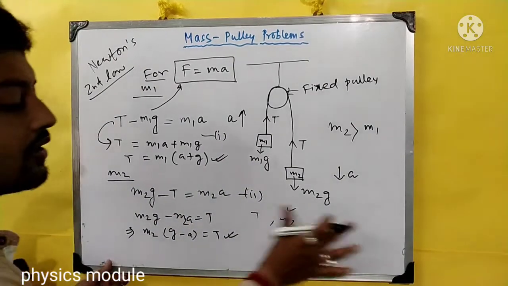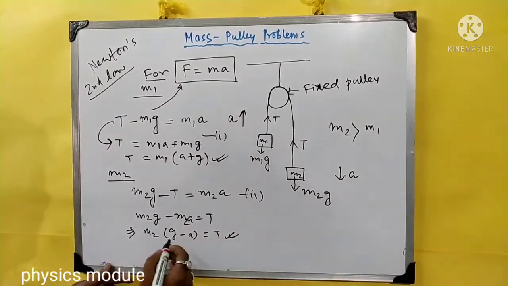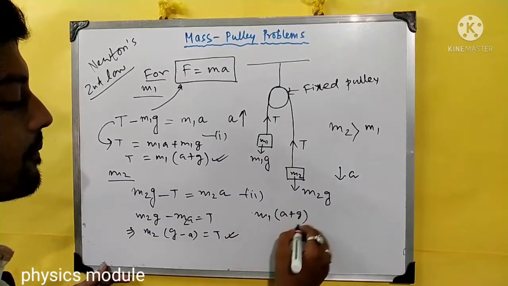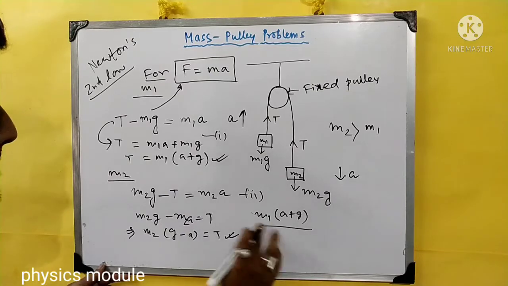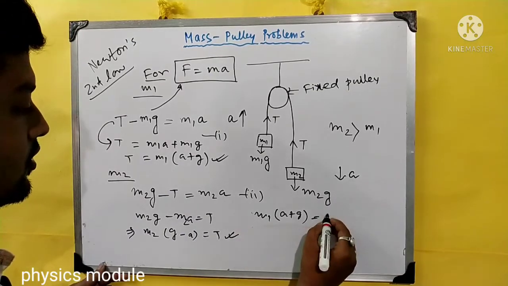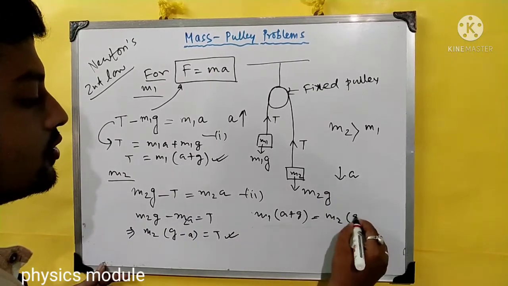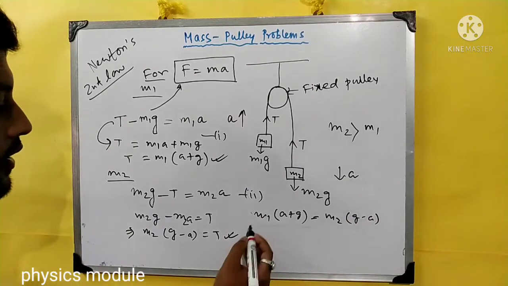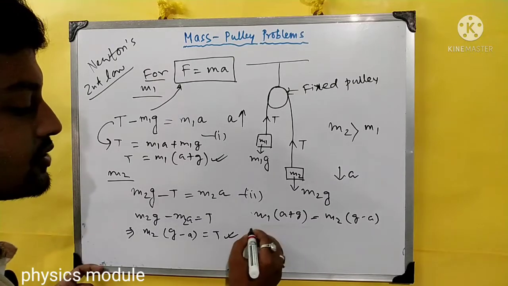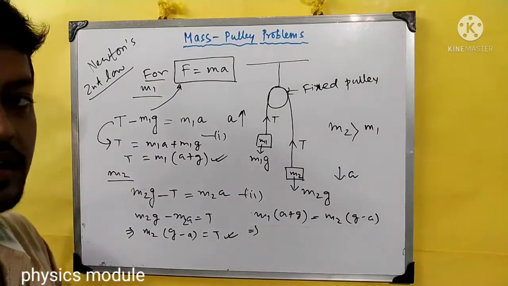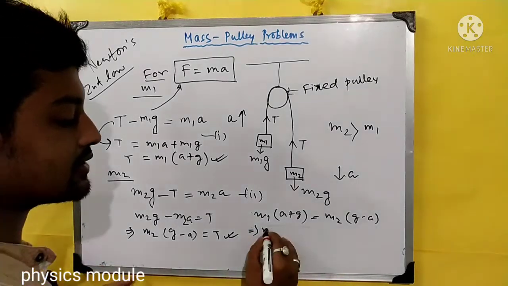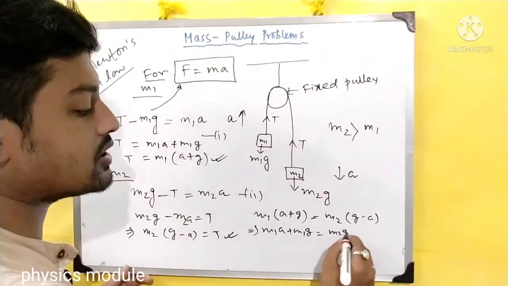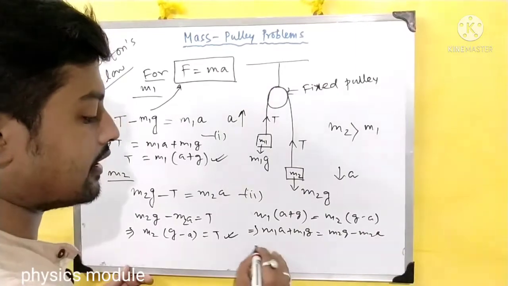So you can write m1 into (a plus g) equals m2 into (g minus a), and by equating these two you will get the expression for acceleration. What is it? m1a plus m1g equals m2g minus m2a.